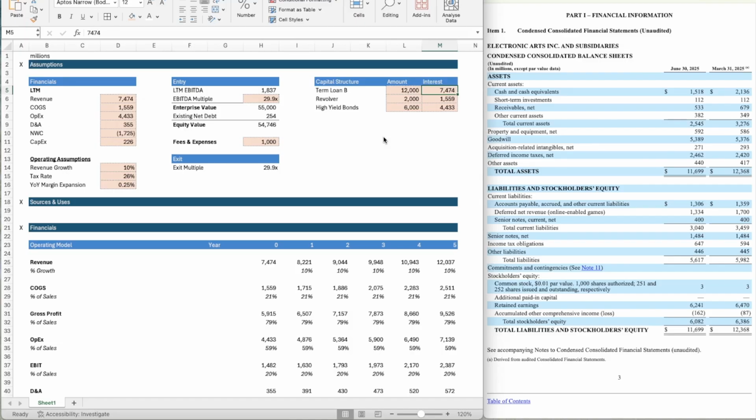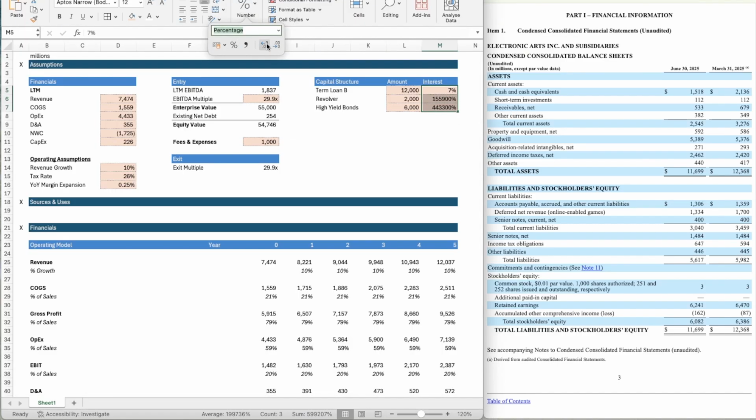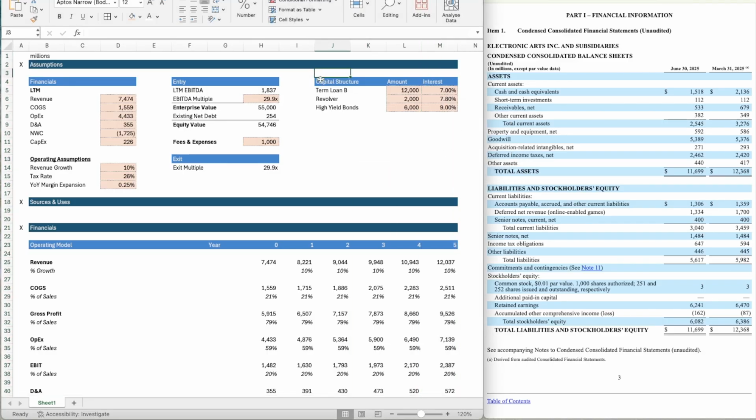And the interest rate, we are sort of guessing here, but let's go with say 7% for this one. 7.8% for the revolver, and then the one that's paid last is the highest interest, meaning it's taking the most risk, so it's getting paid last. And generally, if you want to be paid back first, you take the lower interest rate.